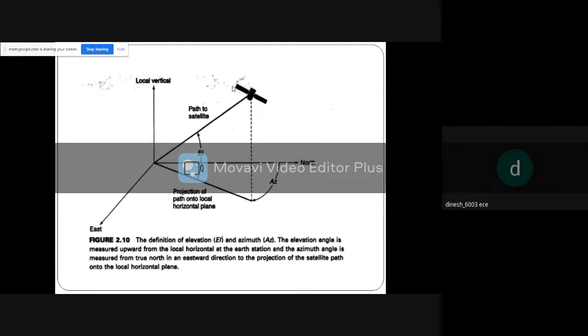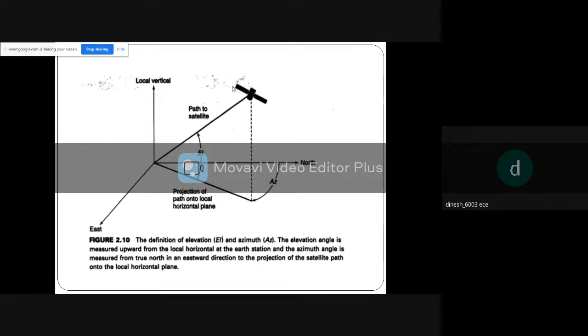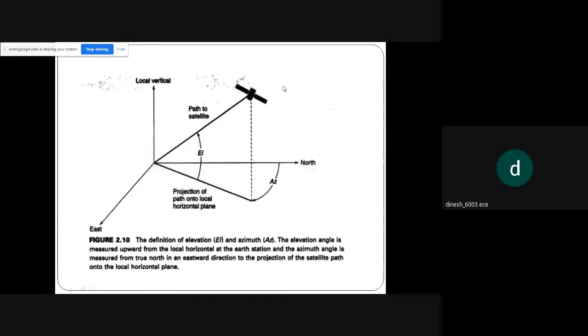Altitude is the measurement of the distance of the satellite from the Earth's surface, projected horizontally onto the Earth's surface, as shown by these dotted lines. Now from the Earth, take the northern direction.